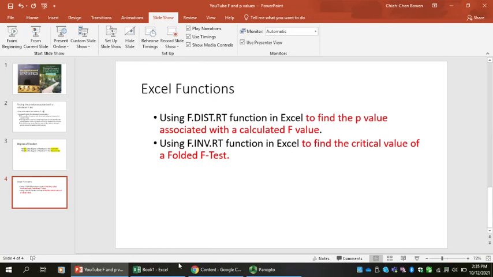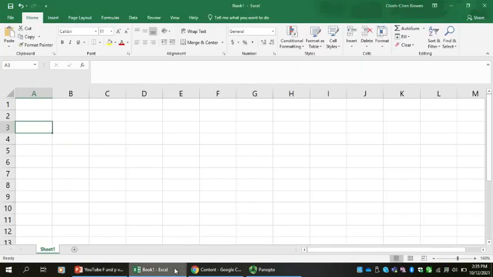So let's open up a blank Excel file. As we are talking about, let's do it from a known F value, a calculated F value.